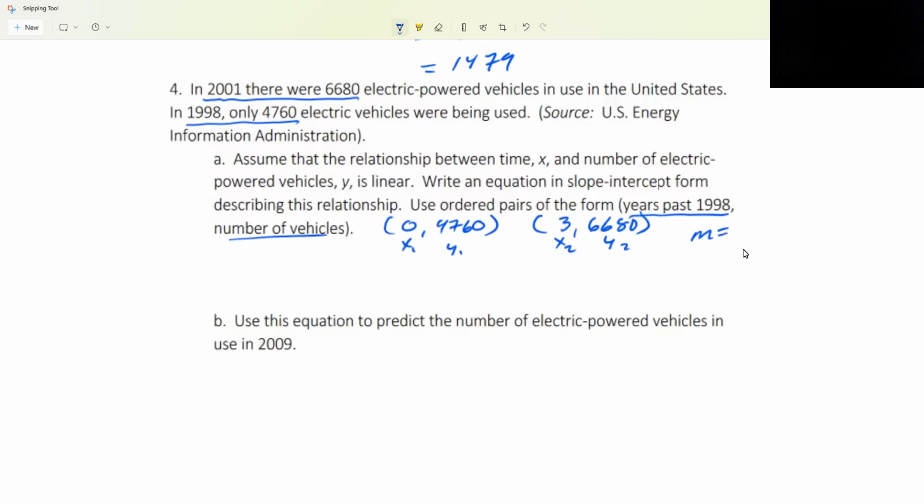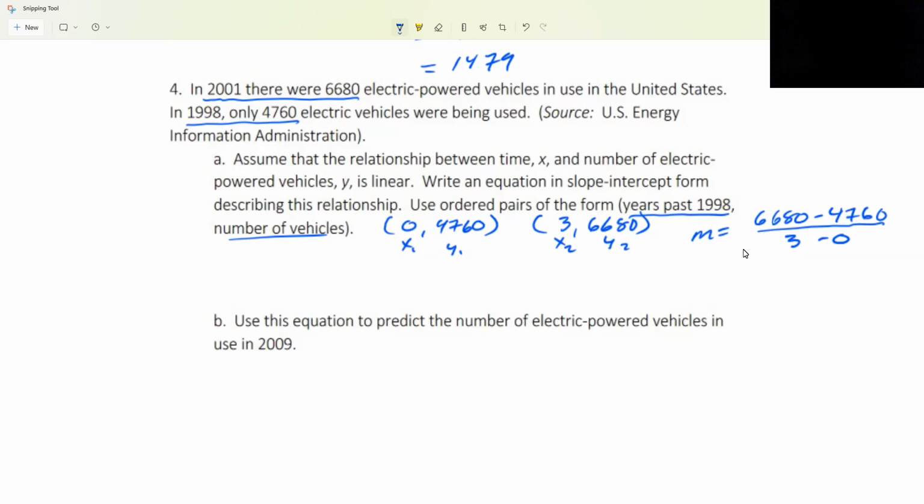Plug it in, and we'll say 6680 minus 4760 over 3 minus 0. Now all I got to do is the math. You take 6680 and subtract 4760 from it.